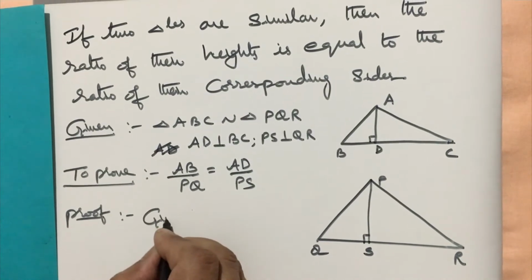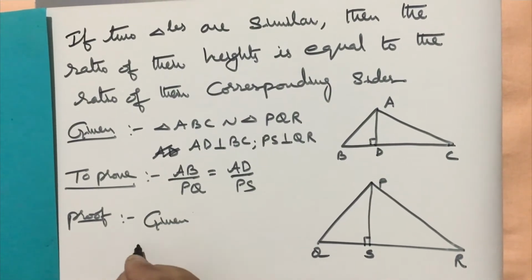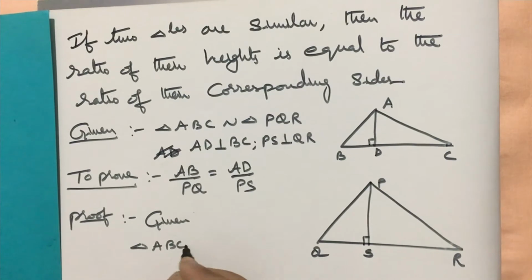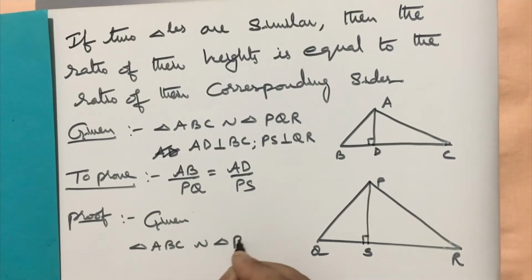Okay, coming to the proof. Given triangle ABC is similar to triangle PQR.